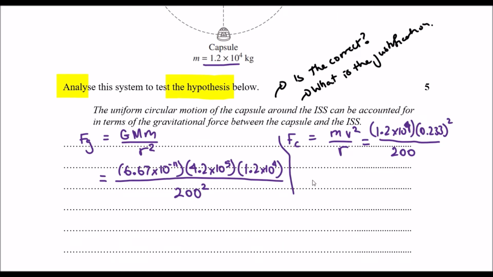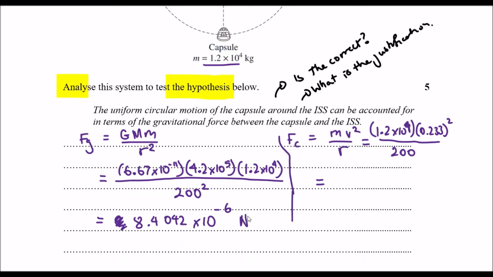Okay, so I am going to write down the numbers between the two, and then we'll see if they equal or not. Okay, so Fg is 0. If we count the zeros, well, actually let's write it in scientific notation. So 8.4042 times 10 to the power of negative 6 newtons. Let's find our centripetal force.